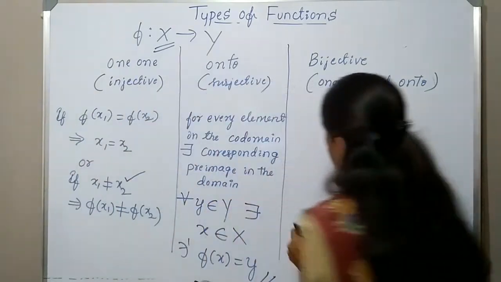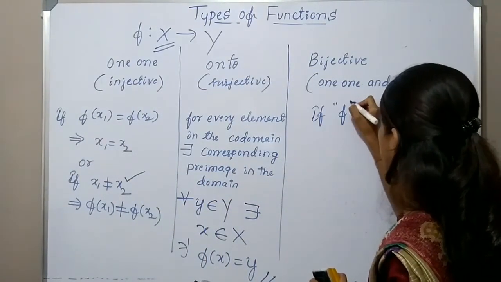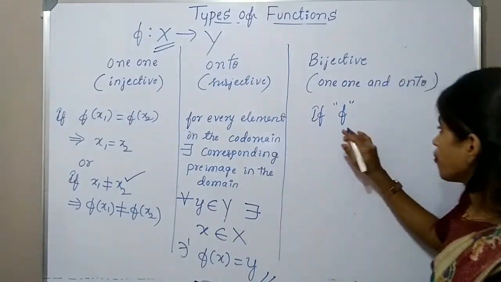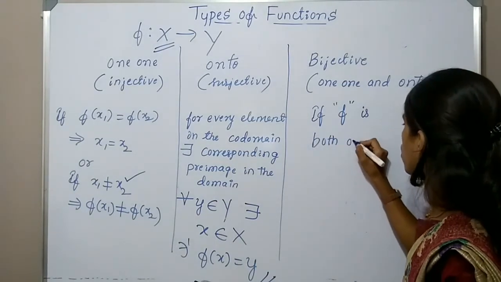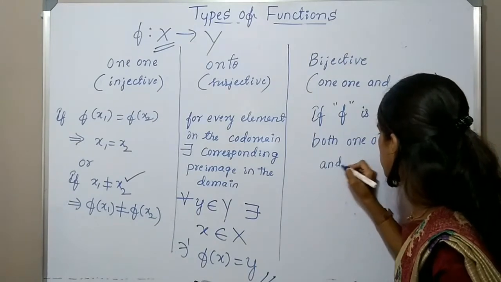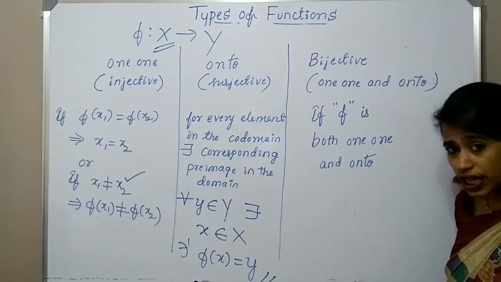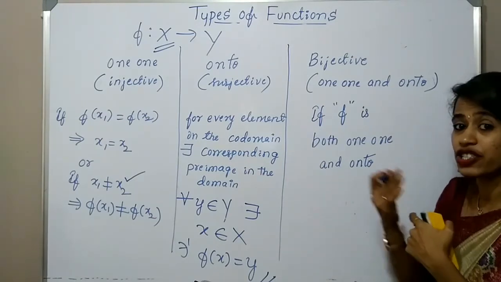Next, for bijective, what is the definition? A function f from X to Y is said to be bijective if f is both OneOne and OneTwo. That is, if f is both injective and surjective, then we say that that function is bijective.